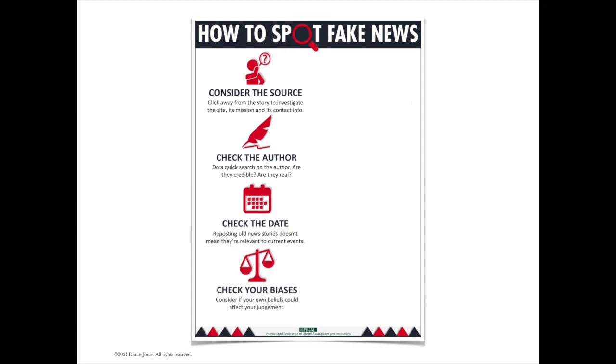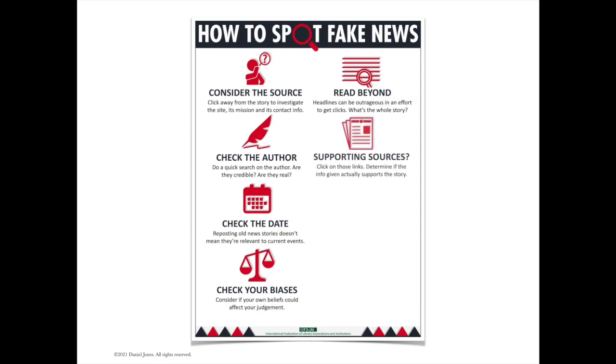This is really important and for most people difficult to do. Consider if your own beliefs could affect your judgment. Read beyond the headline. As we talked about earlier with clickbait, many headlines are simply outrageous, and its goal is to have you click on the article. See if there's supporting sources for the article that you're reading.